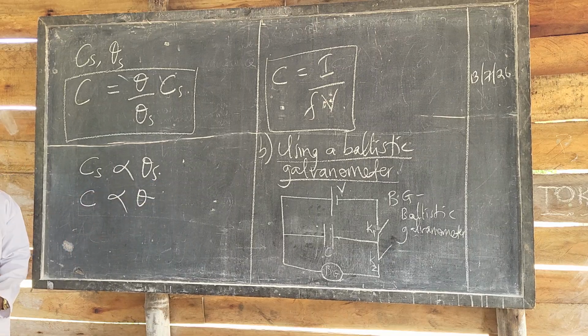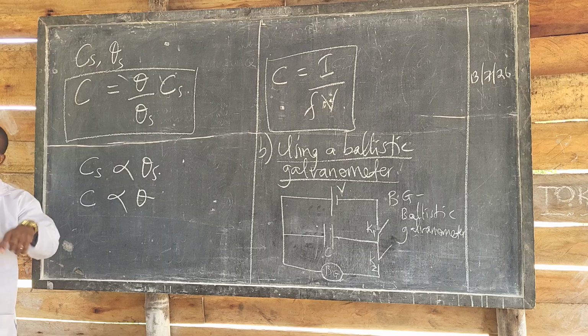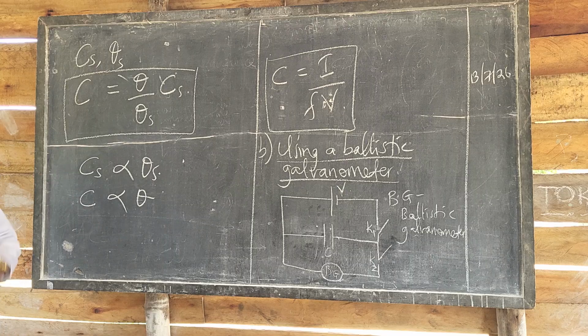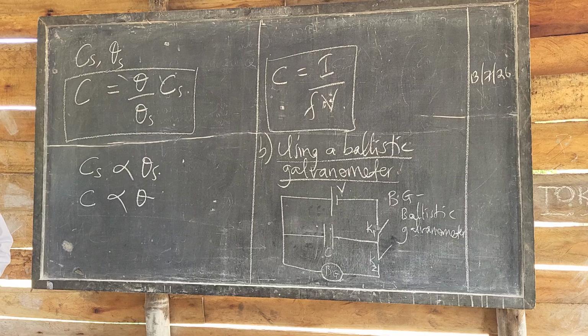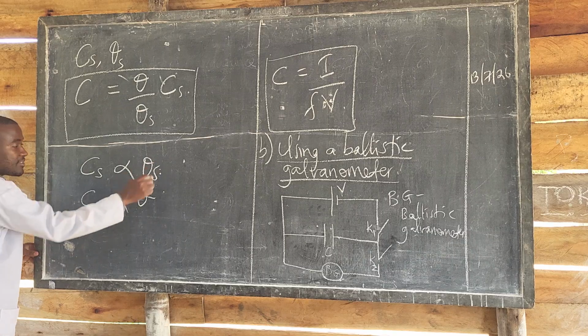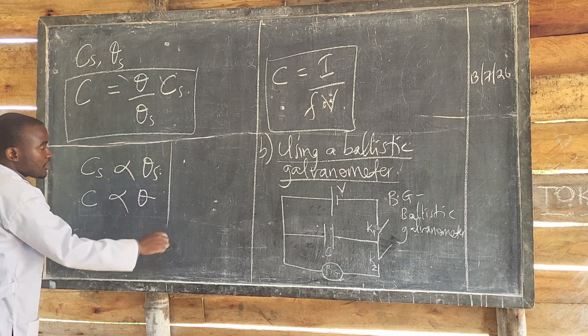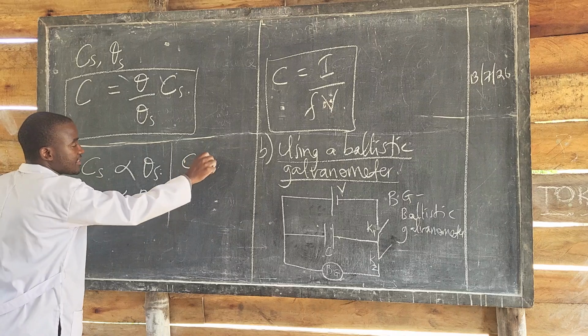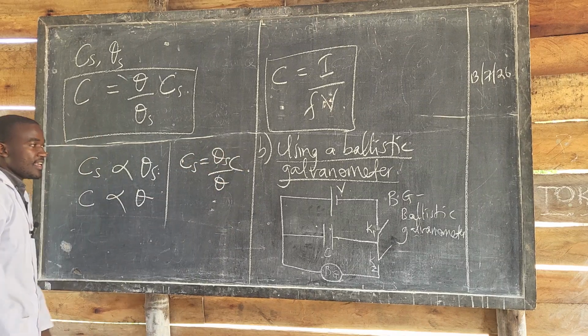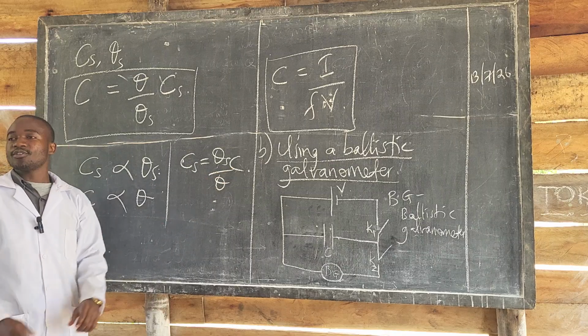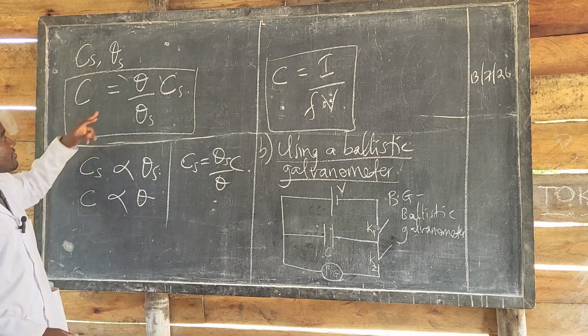If you divide these two equations, the constants of proportionality cancel. So if you divide this by this, you will have C S over C equals theta S over theta. If you make C the subject of the formula, you will arrive back at that.